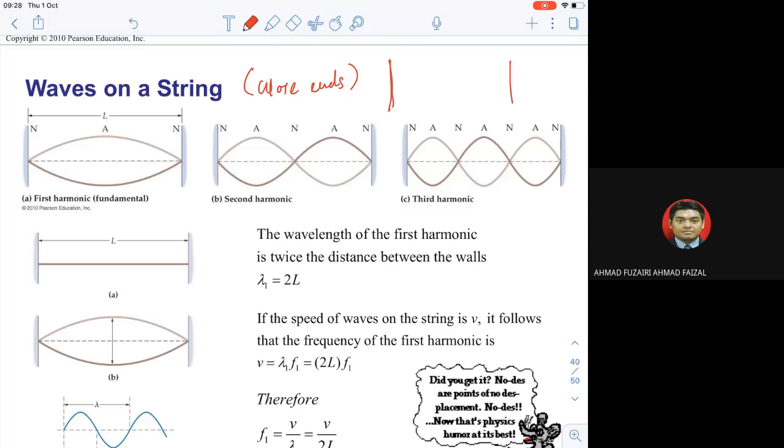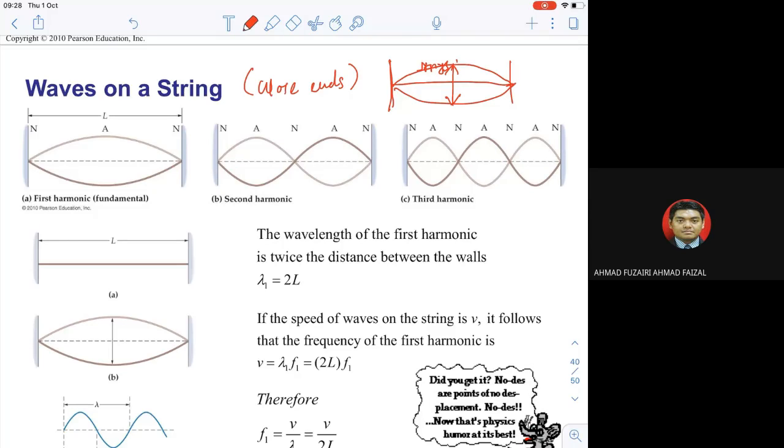What happened to the string? When you pluck the string, it will occur like this, meaning that the string will be going up and down repeatedly.